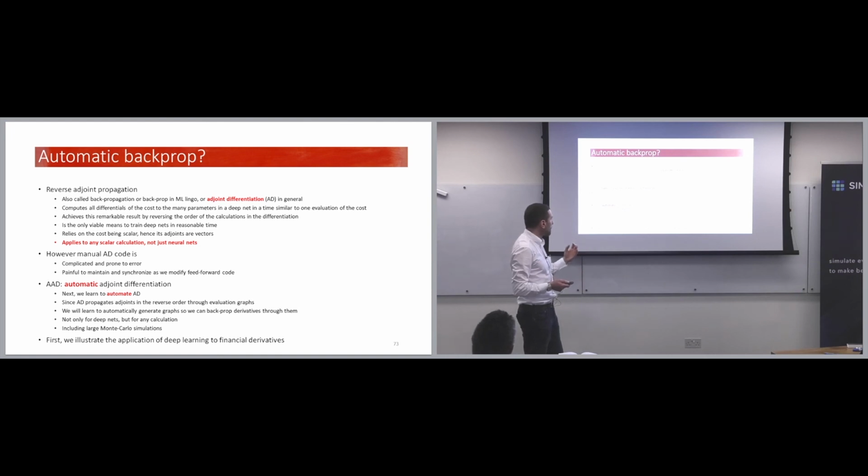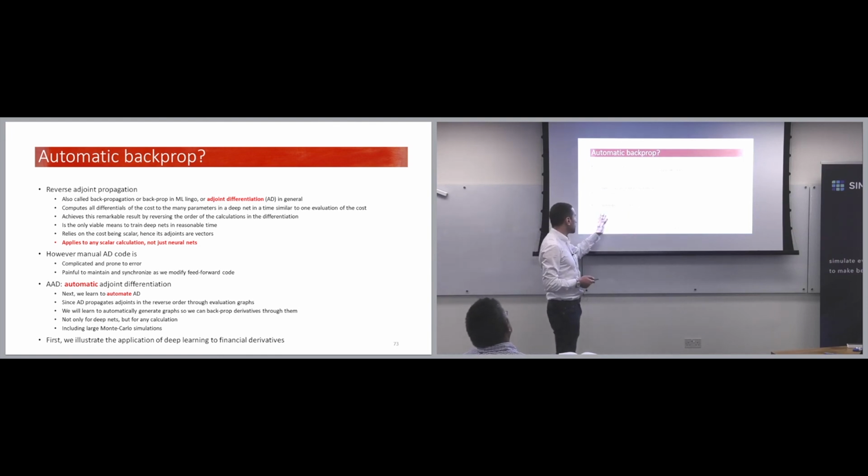So next, we are going to learn to automate AD, to make this whole thing automatic, to have a machine backpropagate for you without having to write the backpropagation code. So that will be automatic adjoint differentiation.